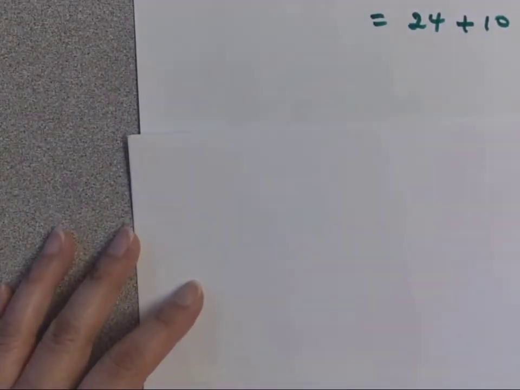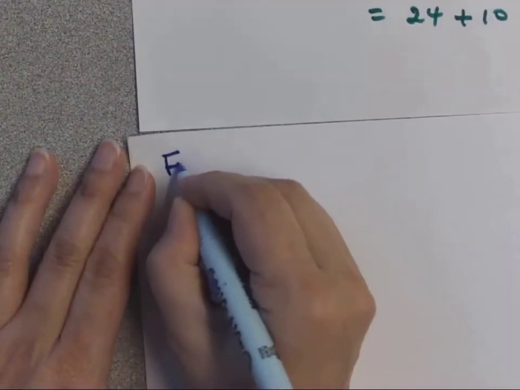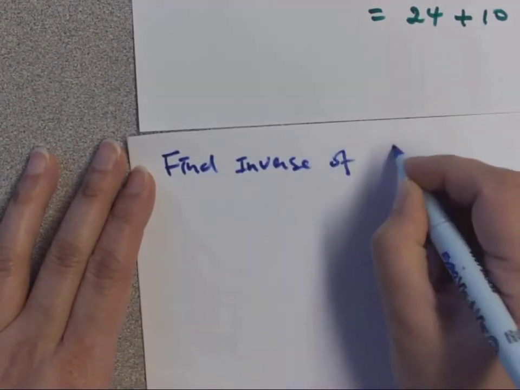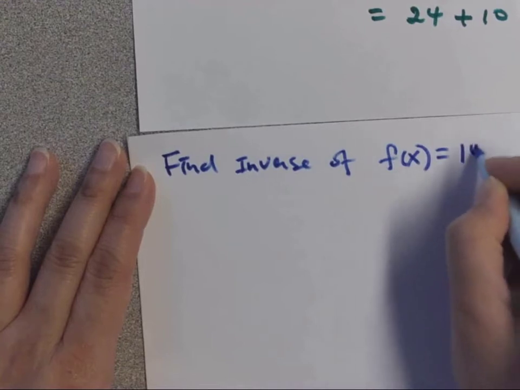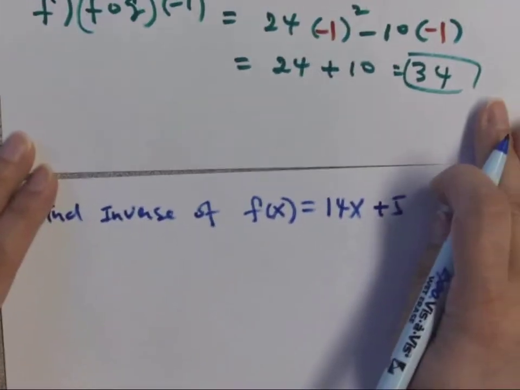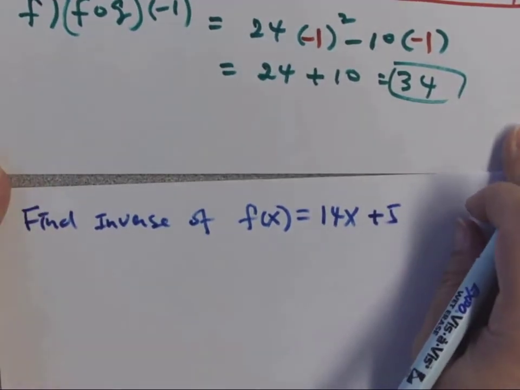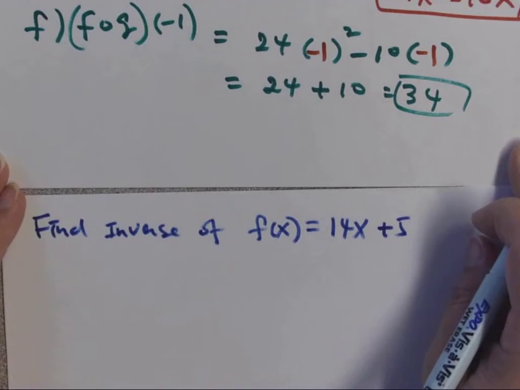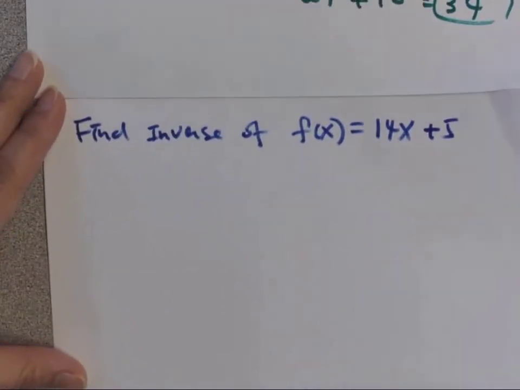Alright, the next one asks you to find the inverse of functions. f of x equal to 14x plus 5. So how do we find the inverse of a function? The main step is we are switching x and y. Very good.